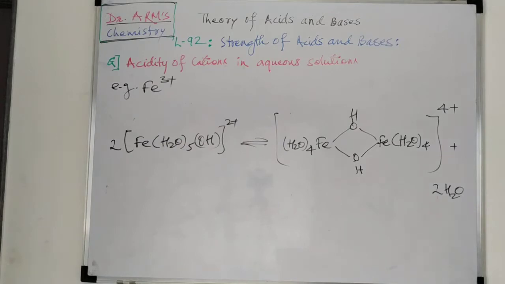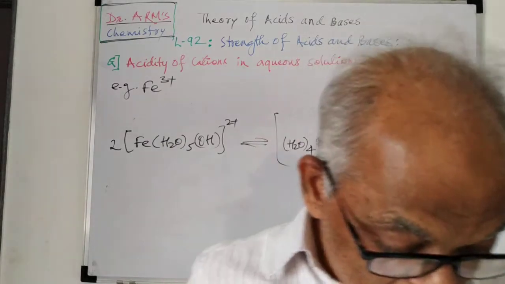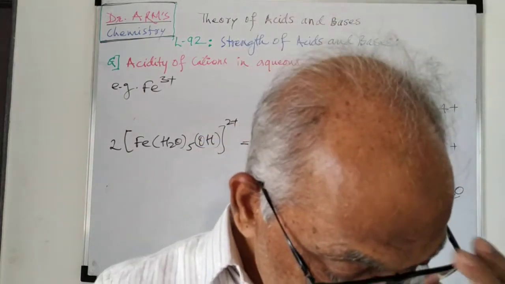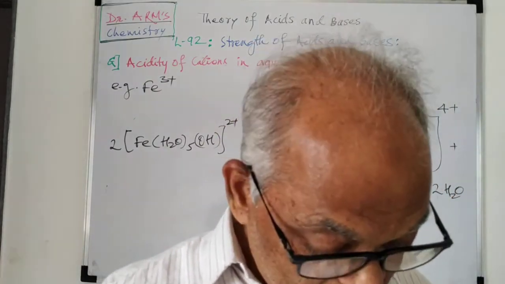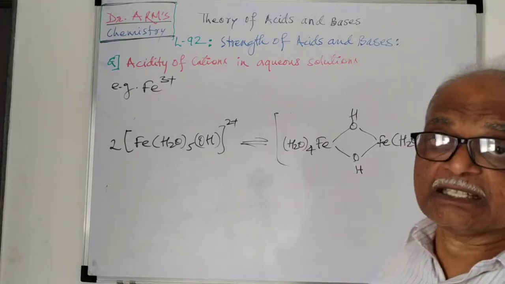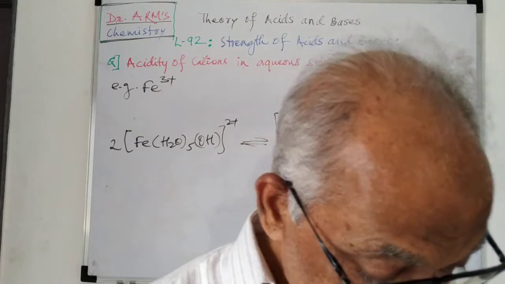So this is called bridging. This type of bridging is observed when the solution is more basic, and such a solution gives us the measure or understanding of the acidic strength of the cation.